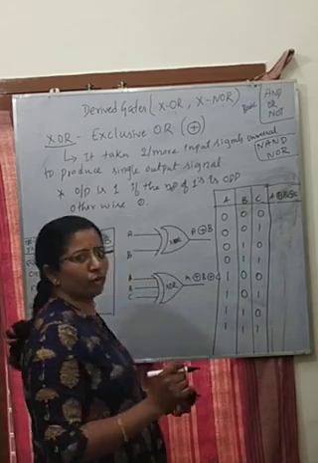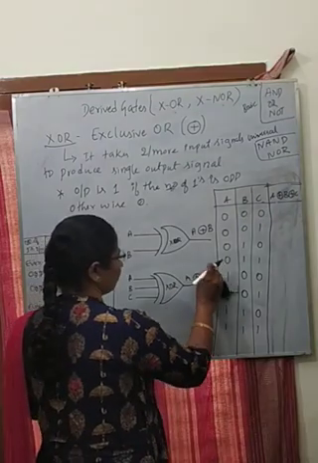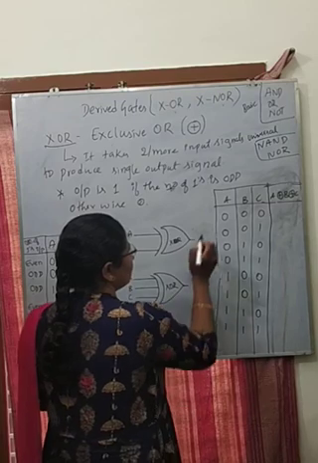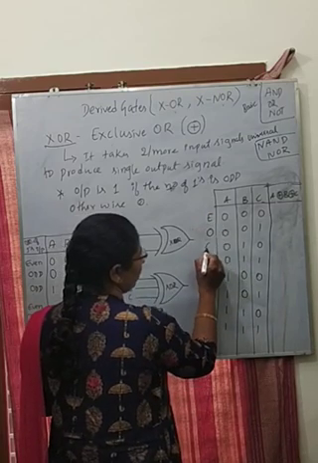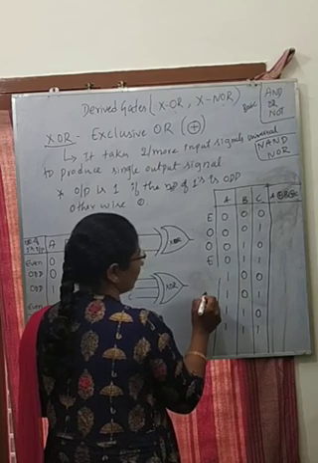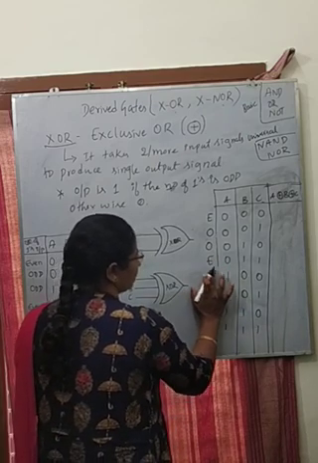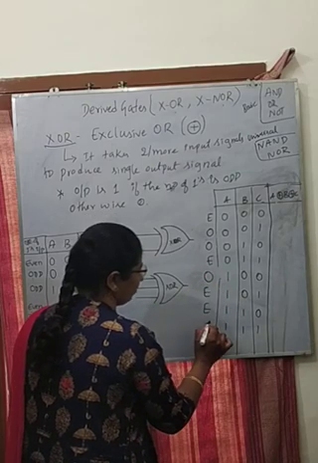Find the odd numbers and even numbers of ones. Can I rub here for a minute? Then I'll write it once again. This is even. This is odd. Odd. This is even. This is even. Sorry, this is odd. This is even. This is even. This is odd.